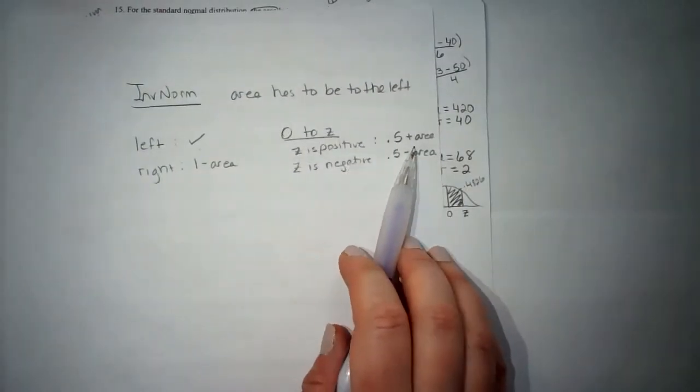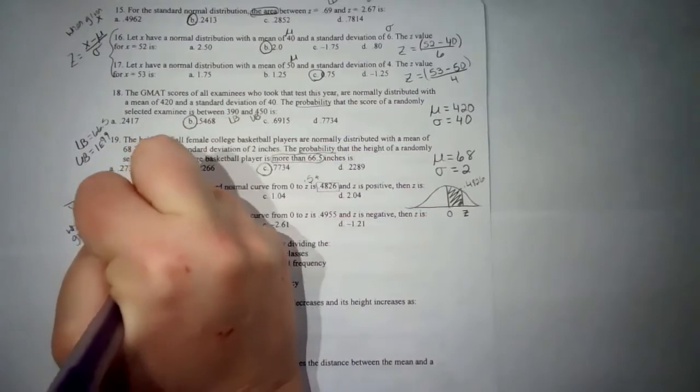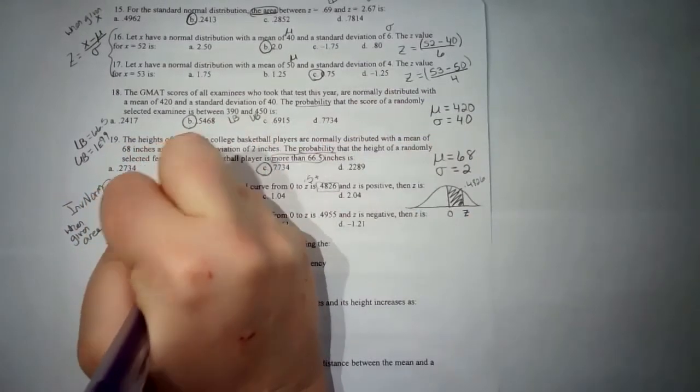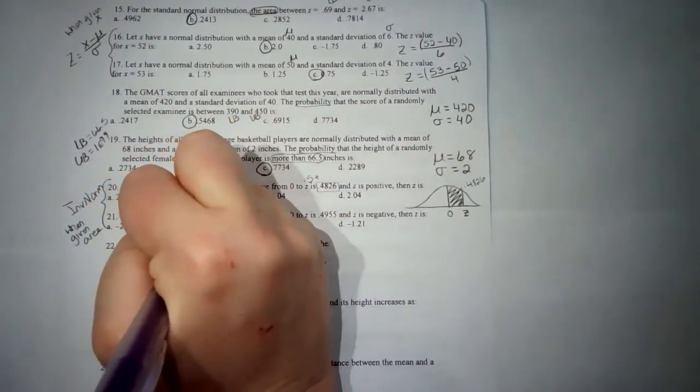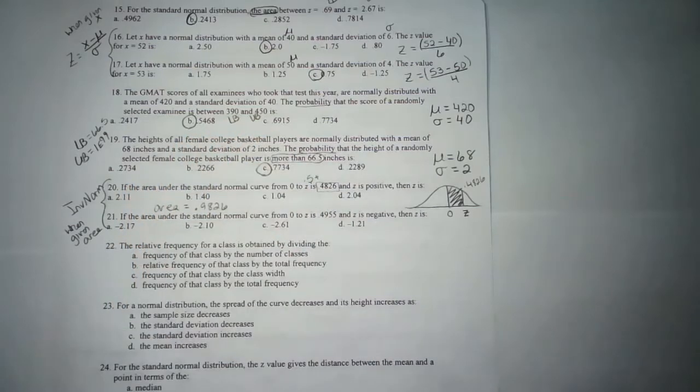So the area I'm going to use is 0.9826. That's the area I'm going to use inside inverse norm.